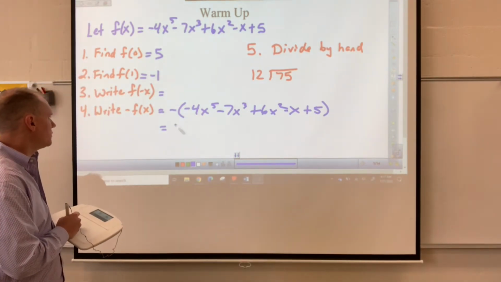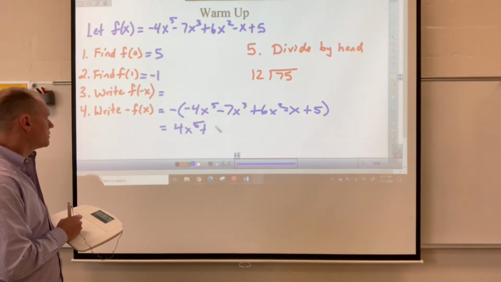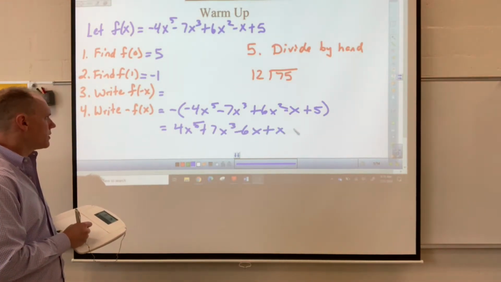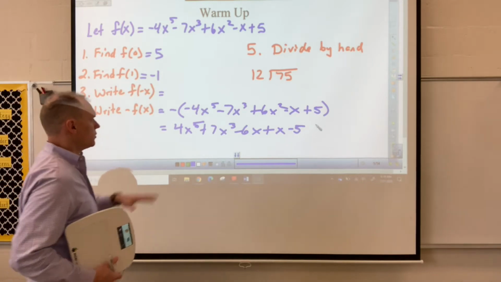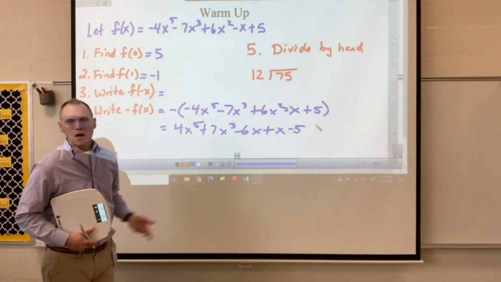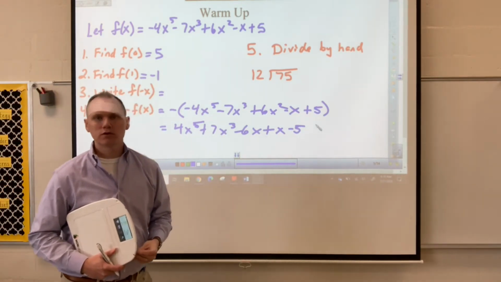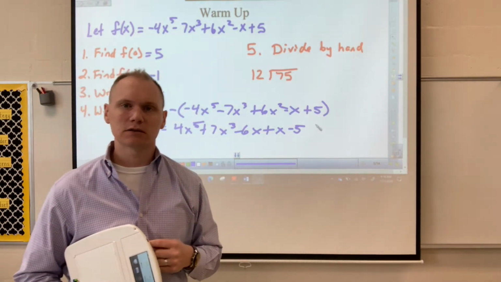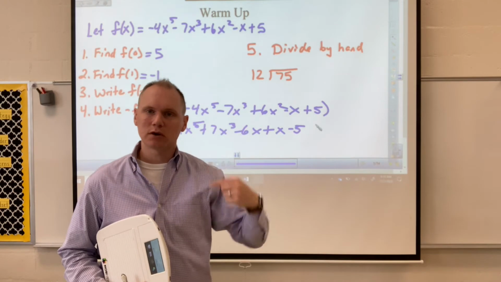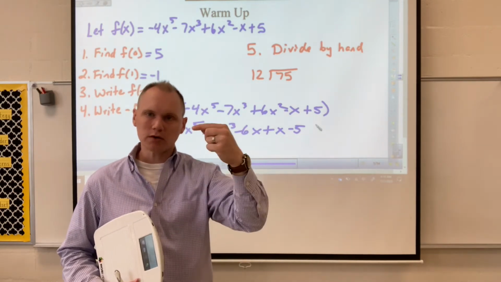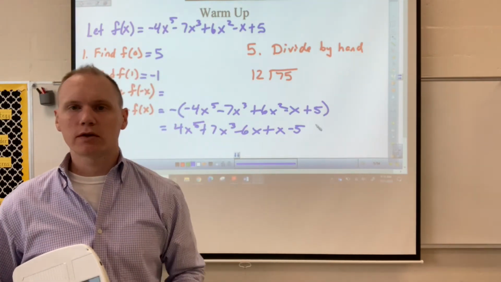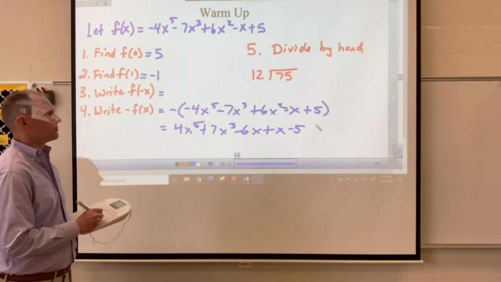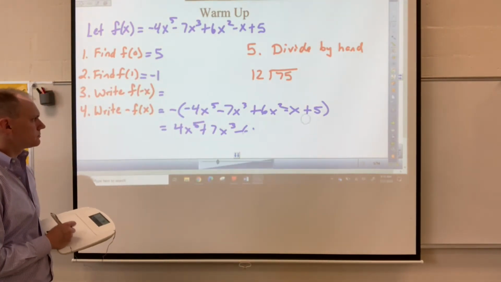So it would be +4x to the 5th, +7x cubed, -6x squared, plus x minus 5. That would be negative f of x. Again, going back to earlier this year, we talked about negative f of x being the reflection across the x-axis. Because all the positive y values become negative, all the negative y values become positive, and so everything's going to reflect across the x-axis. So hopefully that's a good review of that.